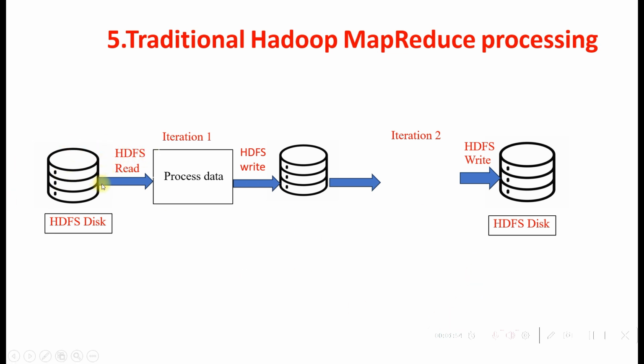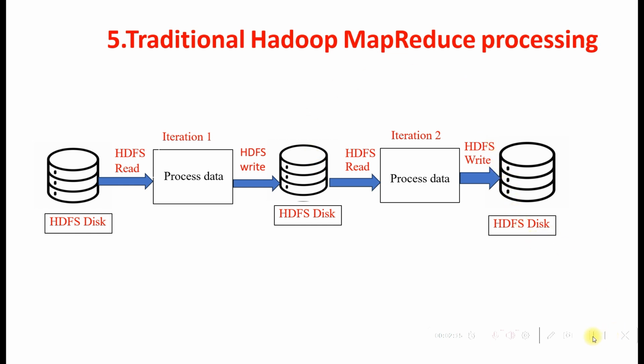Then in iteration 1, the data is processed, but instead of keeping it in memory, Hadoop writes it back to HDFS. Again it writes the data to the HDFS disk in iteration 2. After processing, it writes the final output back to the HDFS disk.